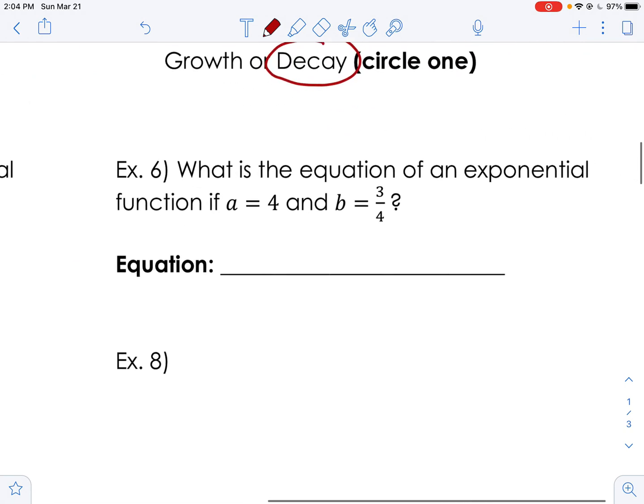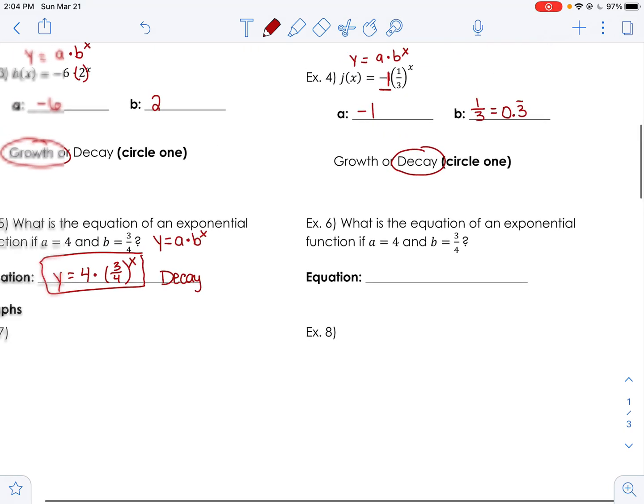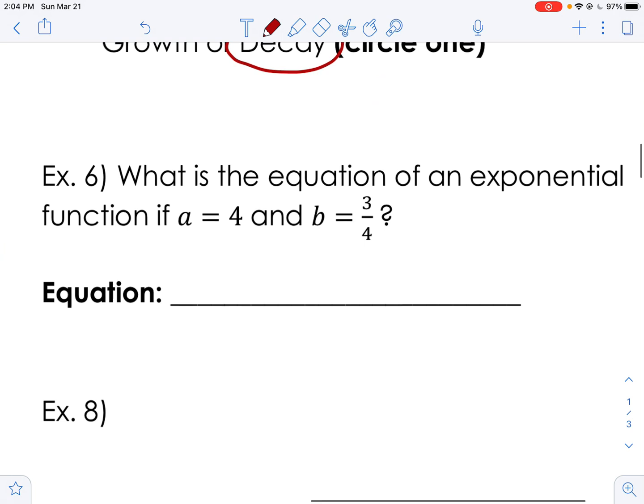Okay, looking at number 6, what is the equation of an exponential function if a equals, oh, this is the same exact numbers, right? It is. So I'm going to go ahead and change, let's see, let's make a -2, and we'll make b, let's just switch it to 4/3. Okay, so I have y equals a times b to the x power.